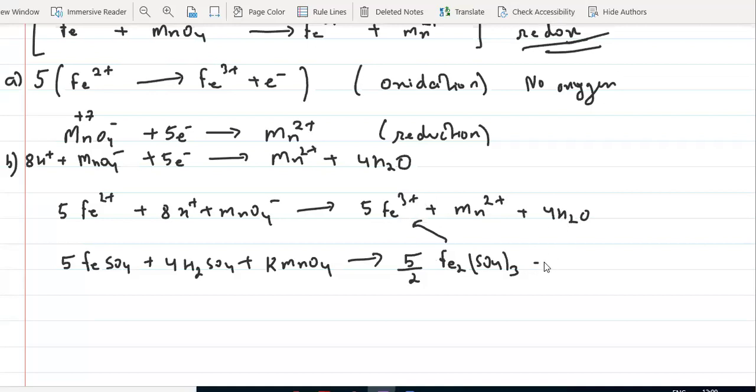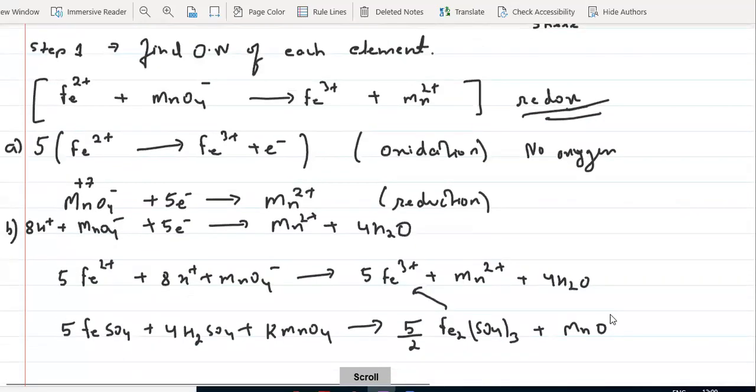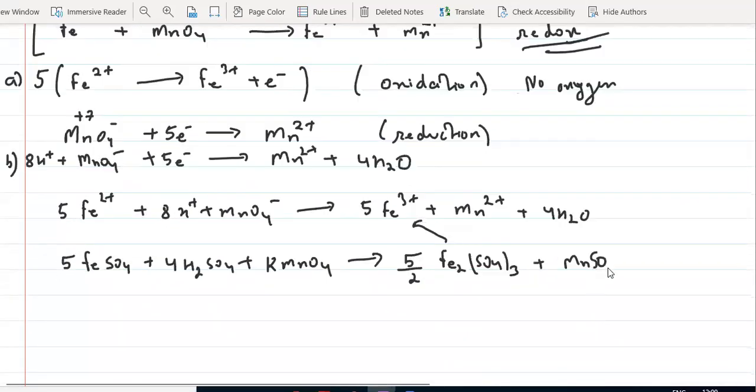Very good, plus. Now Mn2 plus was MnSO4, right? MnSO4 plus H2O. Now, something is missing, right, everyone? What is missing?